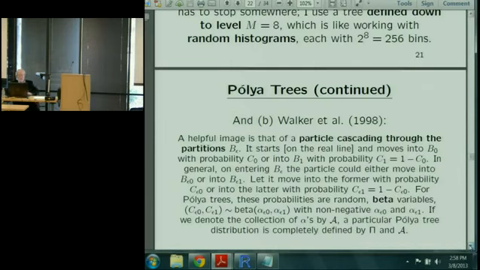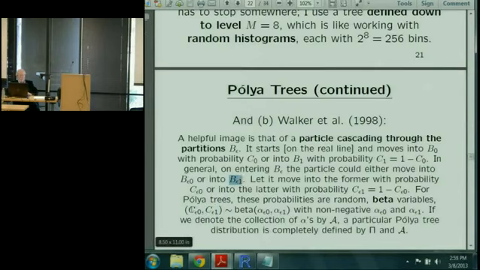So for Pólya trees, these C epsilon are random beta variables. At any particular level, when you are at a particular set B epsilon, you're thinking of either moving left with probability C epsilon 0 to the layer below it, or to the right into the set B epsilon 1.